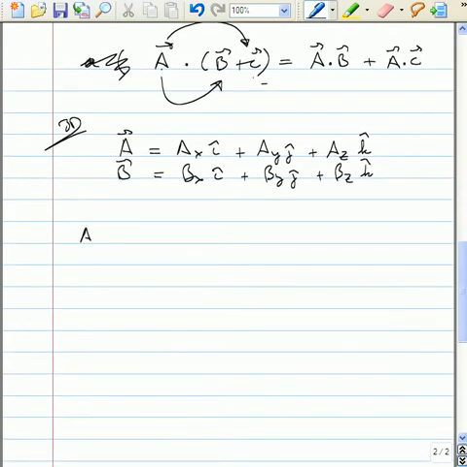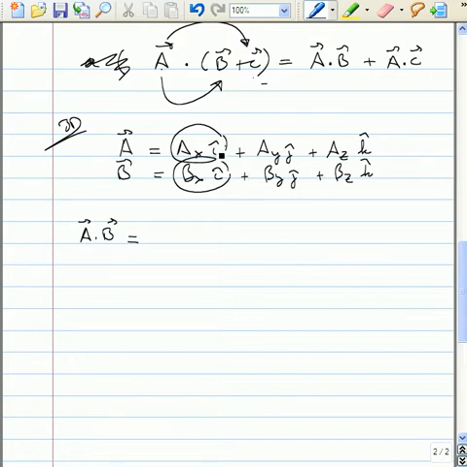If you want to take the dot product between those two vectors, all you have to do is take every term and dot it with every other term. So you will start with the first term, take the dot product of this term times the first component of the other vector.